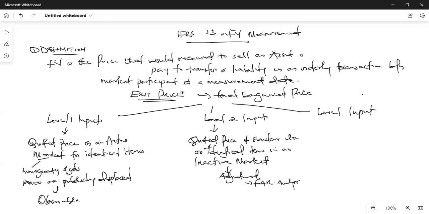Now, the level 3 input: what you are going to do is that you see that there is no observable input. So we are talking about this case, non-observable, unobservable input. You are using unobservable input based on the best information.